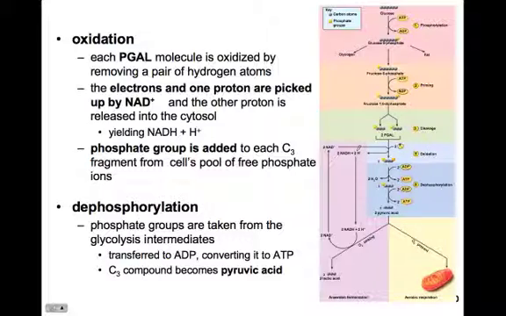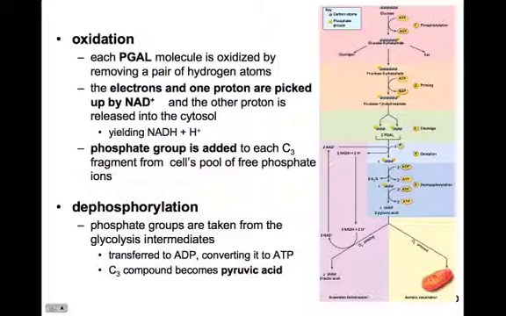This is where our coenzyme NAD comes in. NAD picks up 2 hydrogens, which always travel with electrons, and takes them off to another destination. We'll explore that later. In addition, we pick up a phosphate ion that's floating around in the cell's pool of free phosphate ions. This one doesn't come from an ATP.